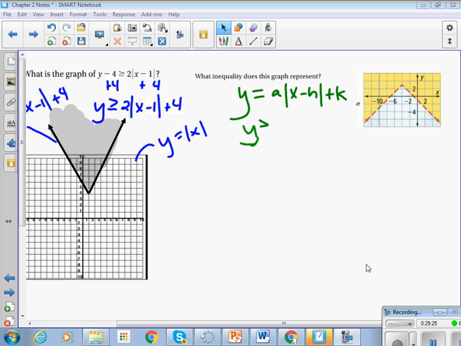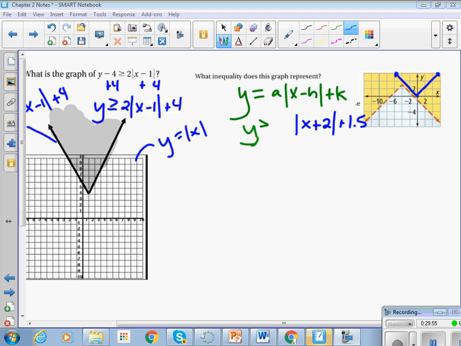Okay, so I know that usually the parent function is on the origin. And I can see that this guy is shifted 2 units to the left. So I know that it's going to be x plus 2. That'll shift it 2 units to the left. I know that it is shifted up 1.5 units.